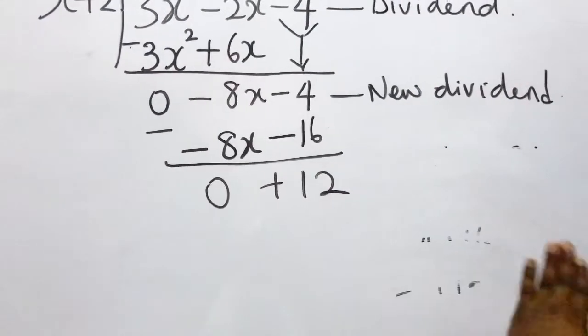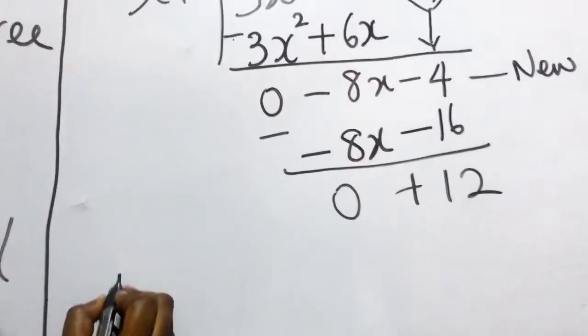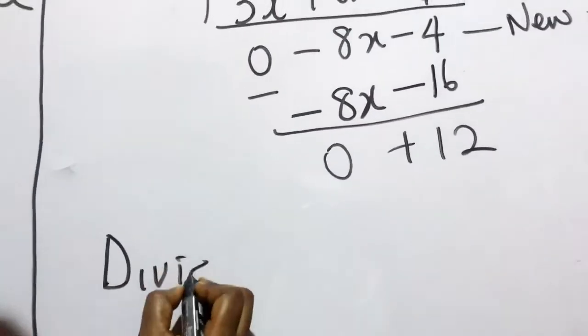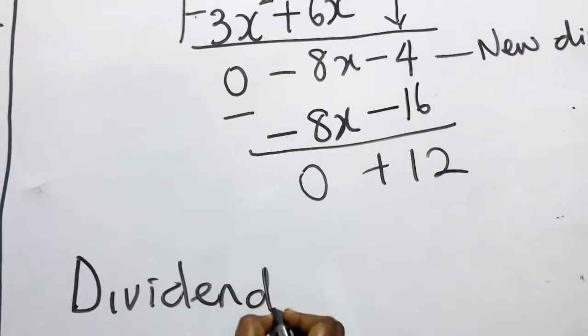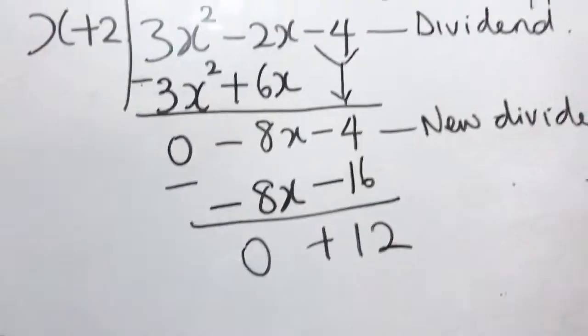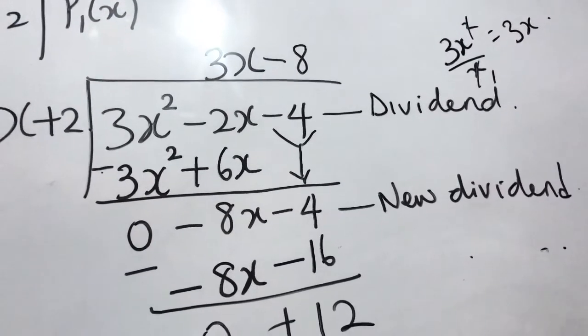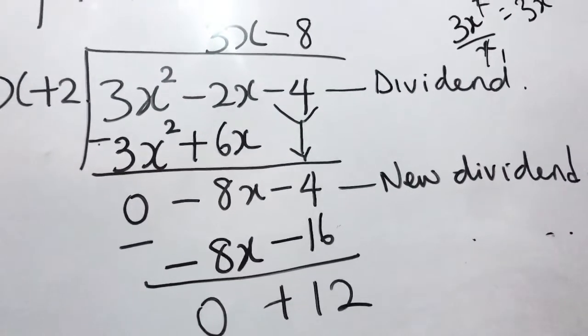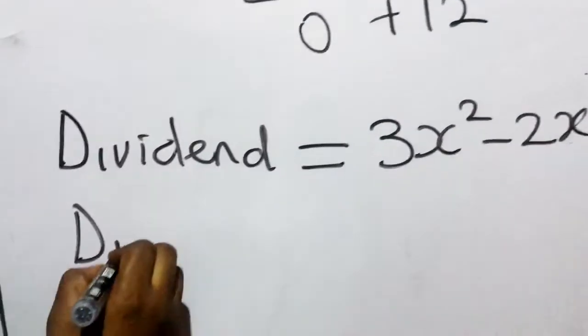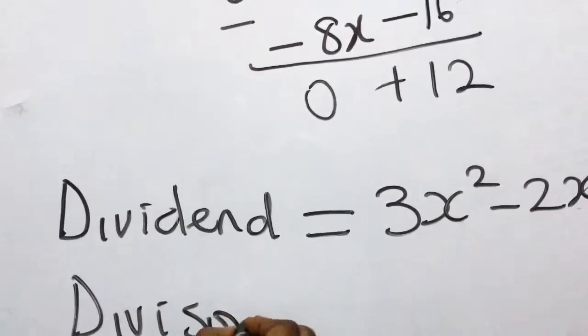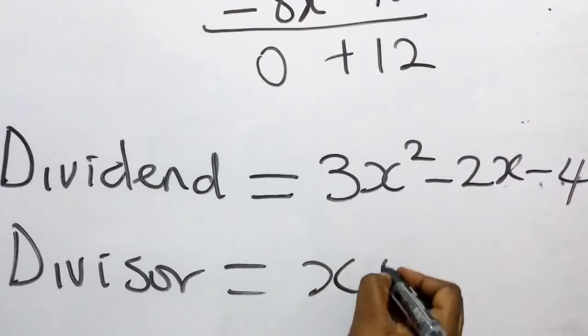So from here now, you can say that the dividend here is 3x squared minus 2x minus 4. And our divisor is x plus 2.